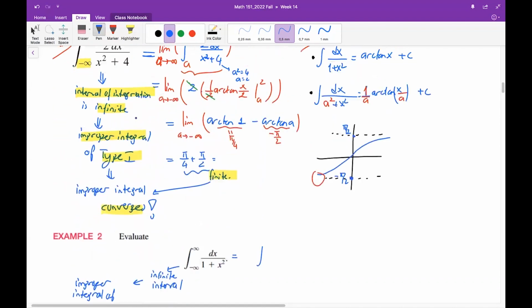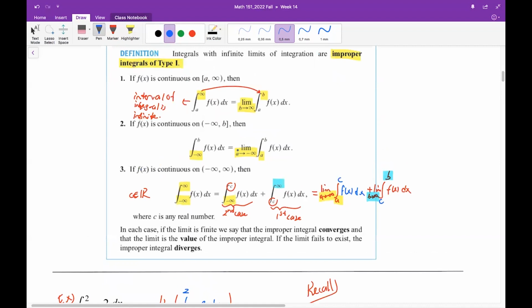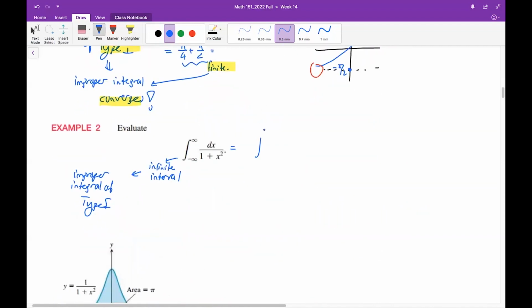How do we handle it? This fits the third case here, right? We will divide it into two parts, and you can use c equals 0 here to make your computations simpler. Then the integral of 1 over 1 plus x squared from minus infinity to 0, and you continue from 0 to plus infinity. You know how to handle this type of improper integral.